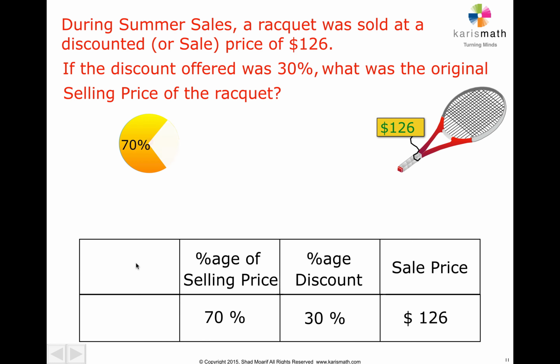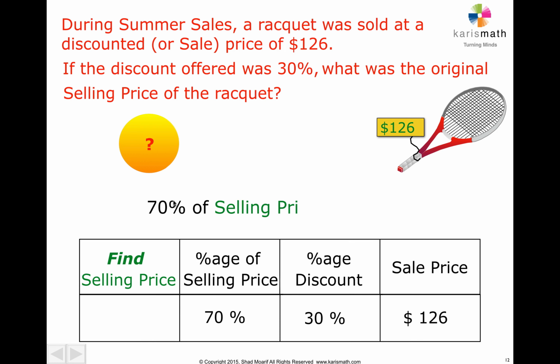So if we show this, what we need to find is the selling price. We know that 70% of the selling price has to be the sale price. That's this bit here.